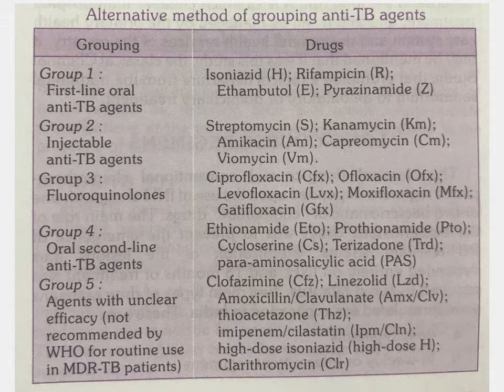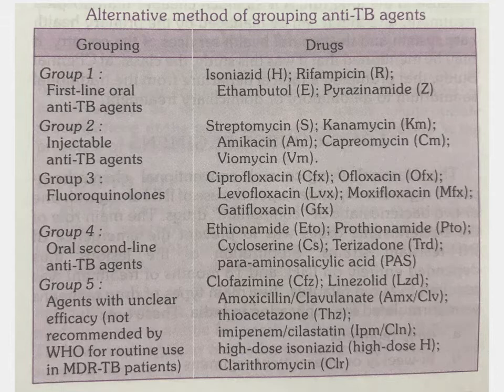It is equally effective against intracellular as well as extracellular bacilli, and it is the only bactericidal drug active against the persisters or dormant bacilli, which are found in the solid caseous lesions, all other drugs being inactive in those cases. In this regard, it is a distinct advantage over INH.